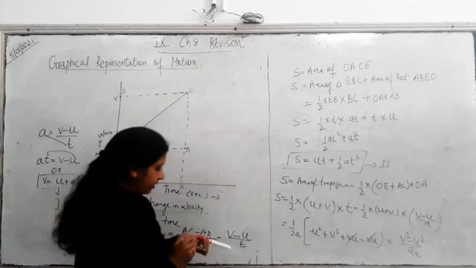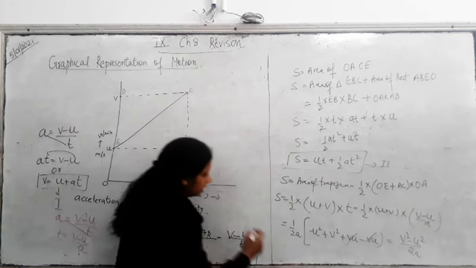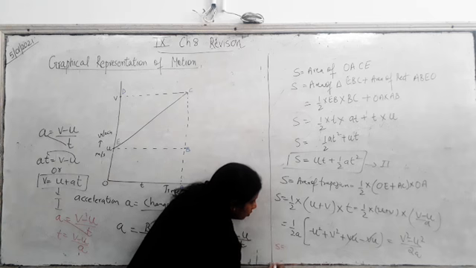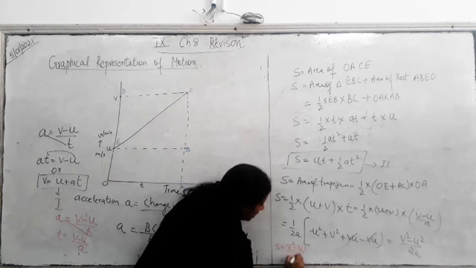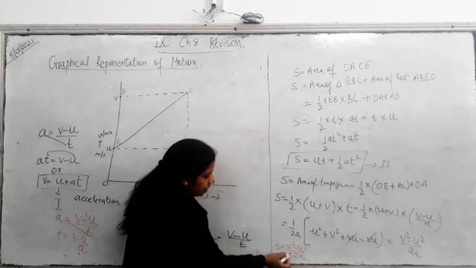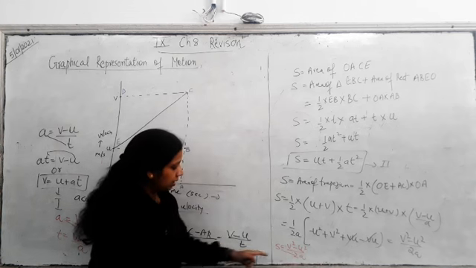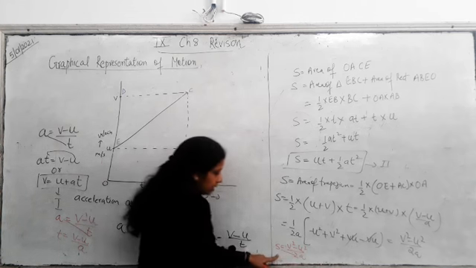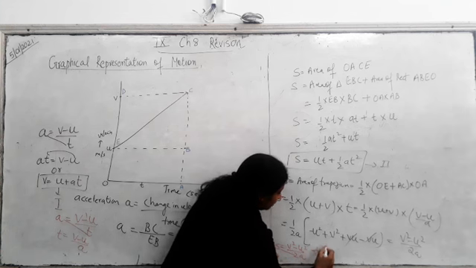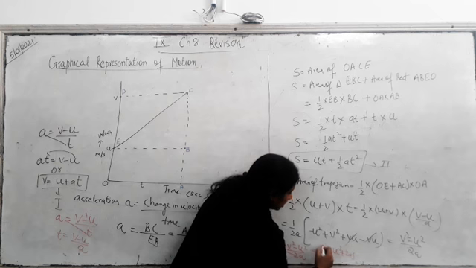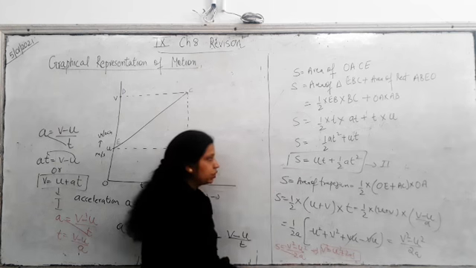So finally, S equal to V square minus U square by 2A. Or I can cross multiply this. So if I rearrange this equation, I can write V square is equal to U square plus 2AS. So this is your third equation of motion.